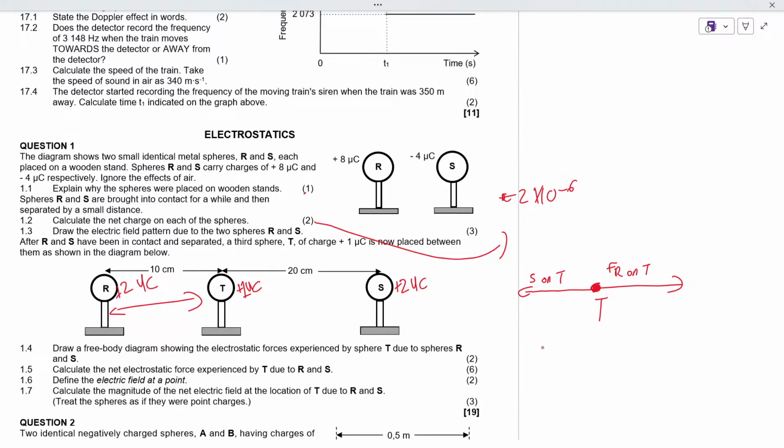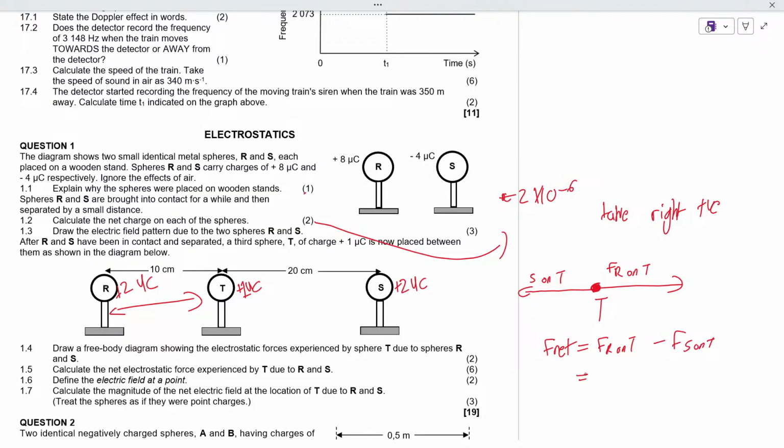So for example, this is a free body diagram in which the F net will be equal to what? Let's take right as positive, because we must note that T is being pulled to either side. So the force pulling right is F R on T minus F S on T.